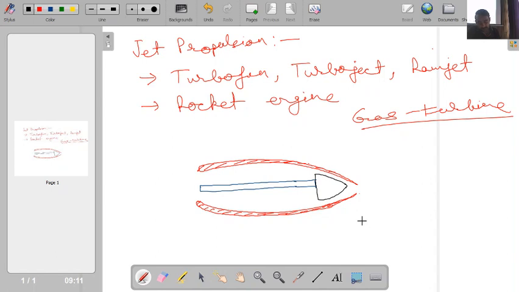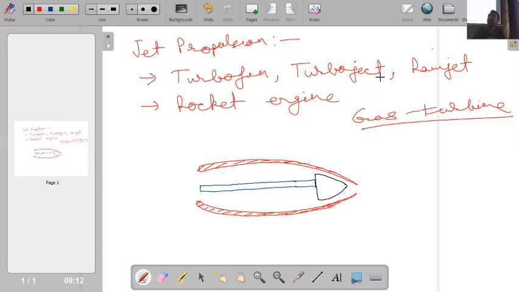So what I am doing over here, typically, I am trying to draw a gas turbine, which is also known as a jet engine. Now, depending upon the different advancements in the jet engines, their names are turbofan, turbojet, ramjet. So these depend upon the different advancements in technologies. But the basic idea is a gas turbine which is based on an ideal Brayton cycle.